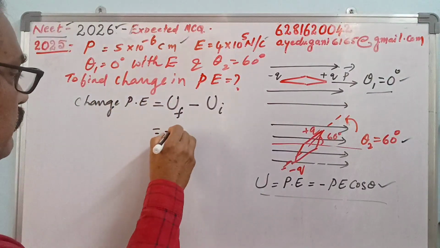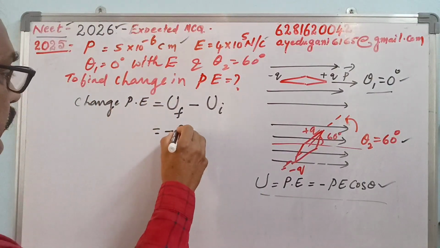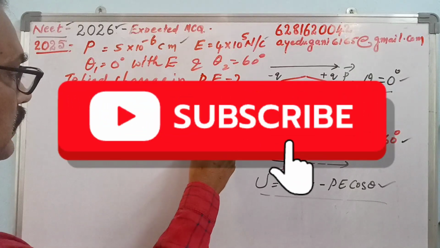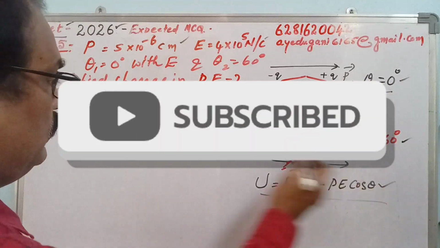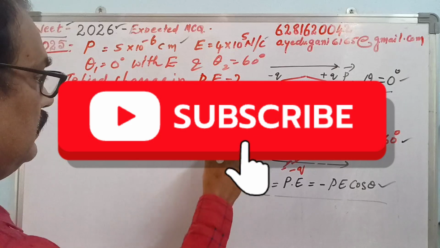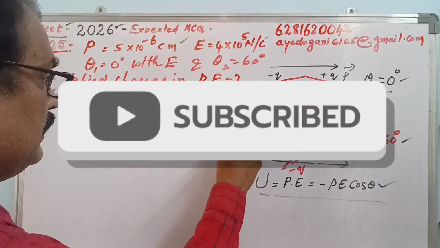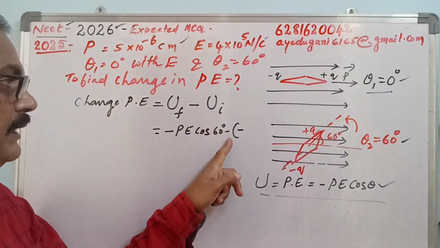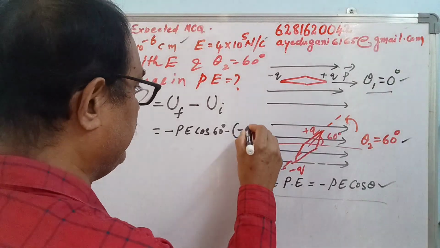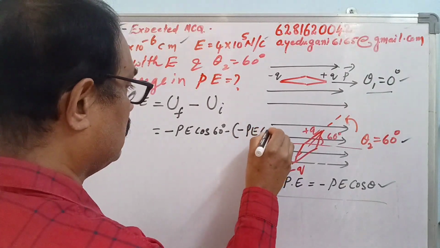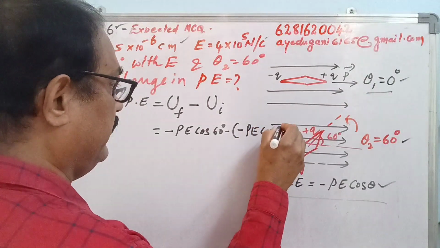Final is minus PE cos theta 2, which is 60 degrees, minus of minus PE cos 0 degrees.